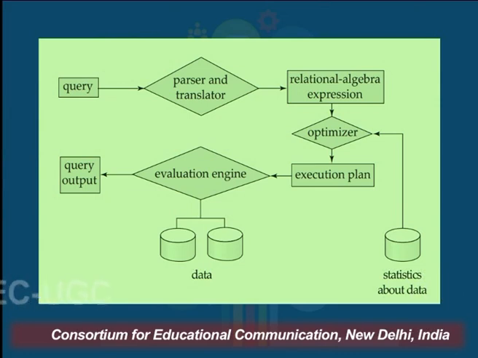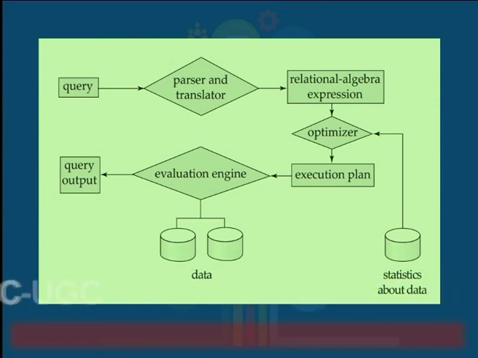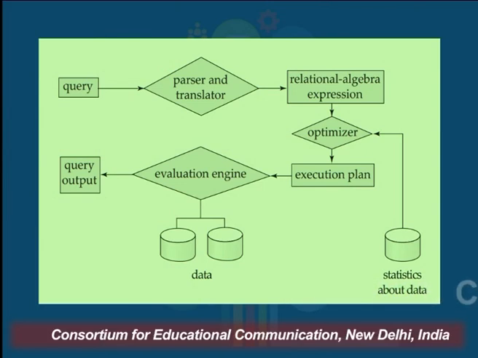Then an execution plan is formulated, and this modified form of your query is given to an evaluation engine which has access to the database, and finally the output of the query is generated when your evaluation engine takes the data from the database.